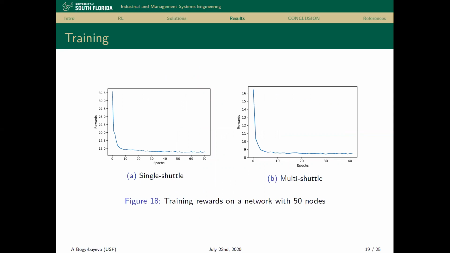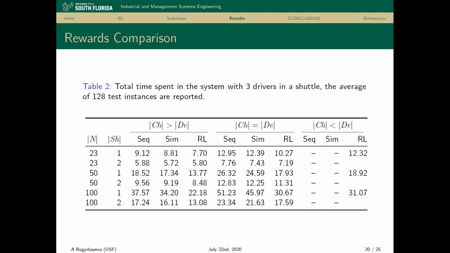And in general, for this case, I believe with 20 CPUs, it took around 6 hours to train for 50 nodes. But training time, of course, is going to depend on the training size, first of all, the neural network size. But there is also another important factor that is going to affect it, which is the instance difficulty.